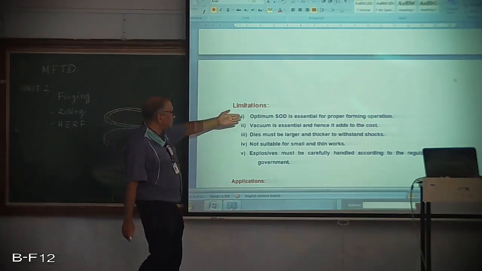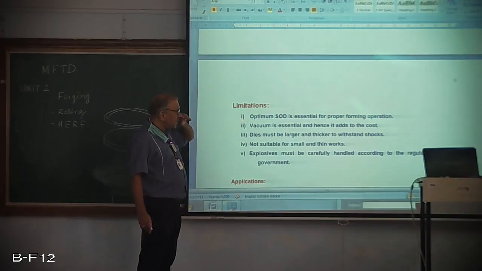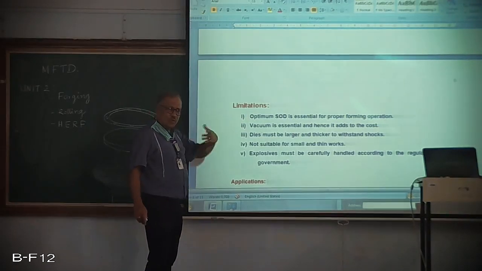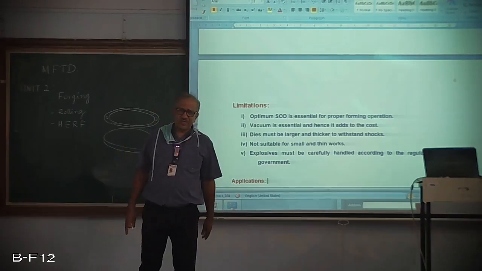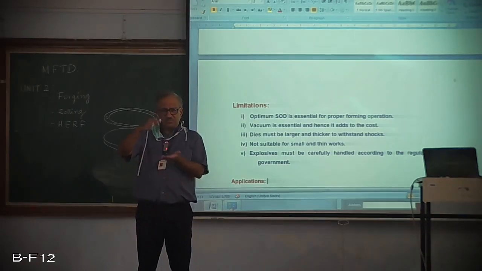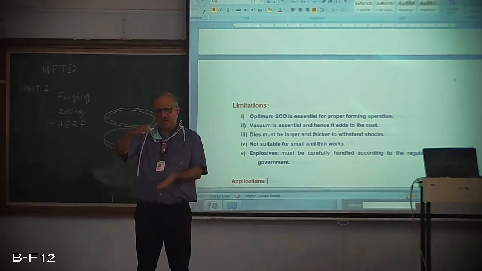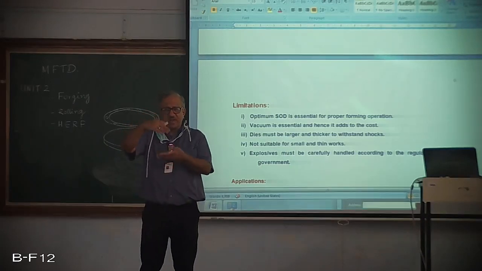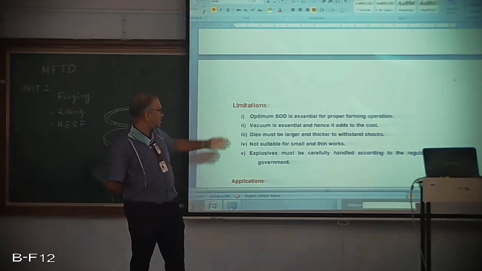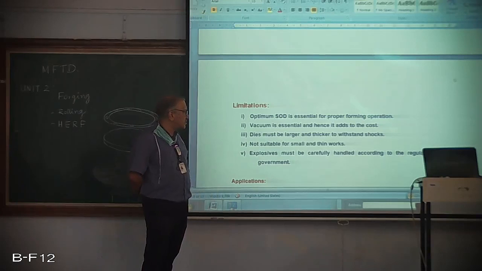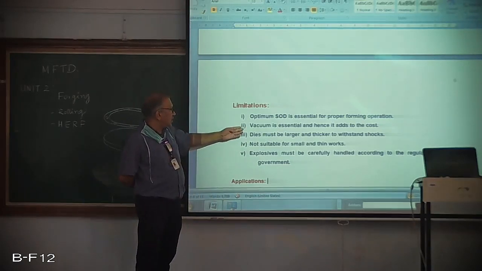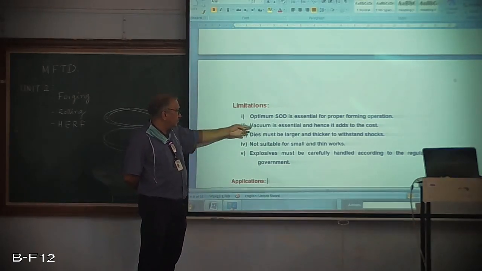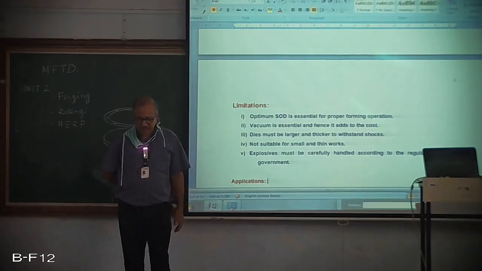So the optimum is very, very important. It has to be decided. One way is empirical. Empirical is past experience. Based on practical judgment and practical evidence, one has to decide the optimum standoff distance. Okay. And again, vacuum in industry is expensive to be maintained.